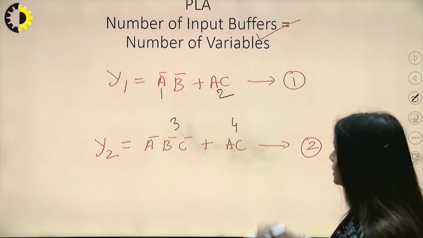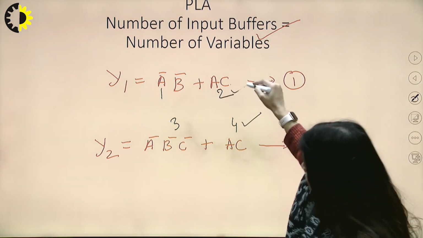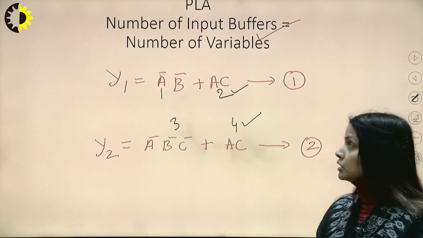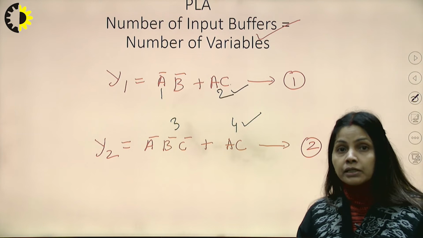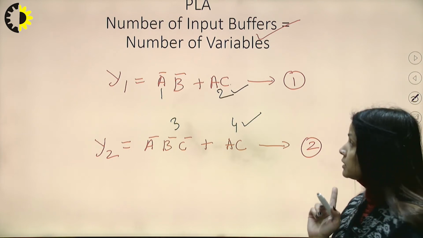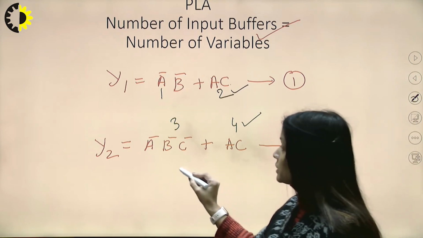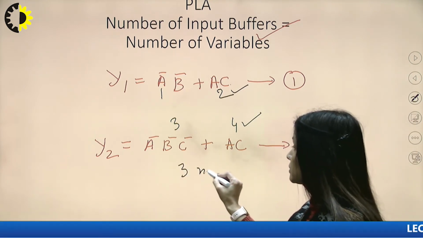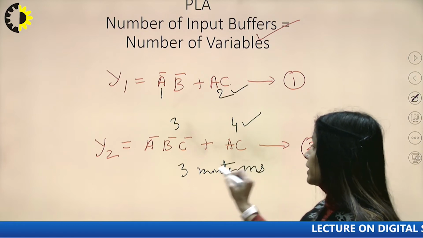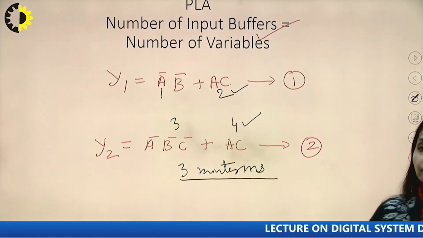But we can see these two minterms are common. Okay. So if the two minterms are common, then we will take only one minterm as a count. That means we will need only 3 minterms. Instead of 4, we will take 3 minterms only, right?